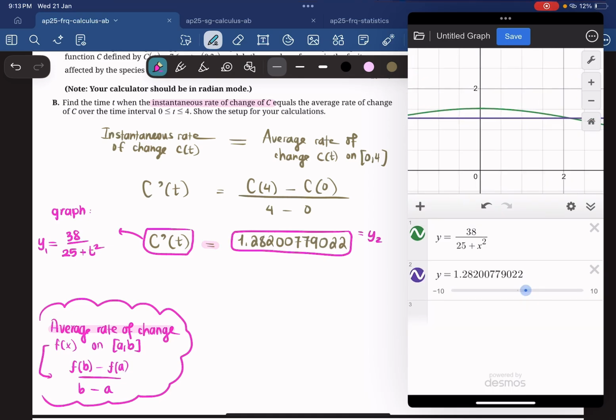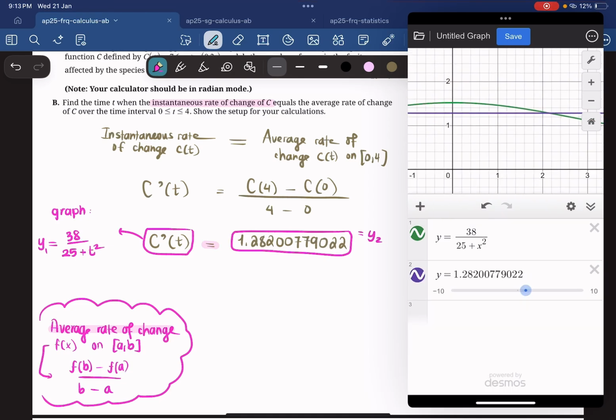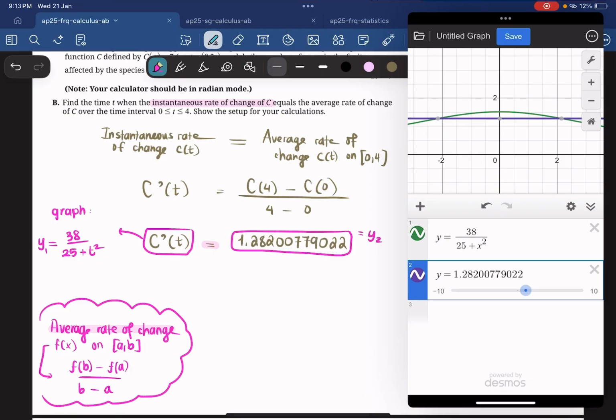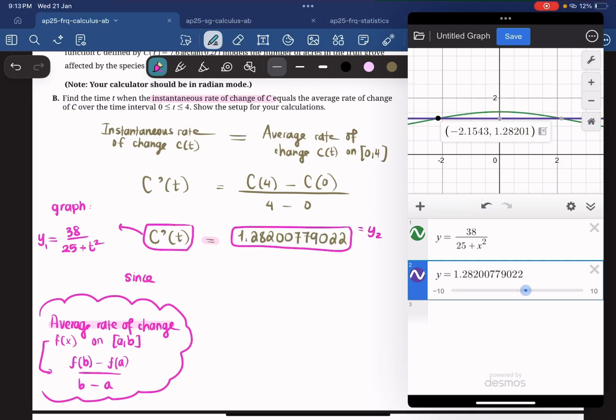And so they drew the graph for me over here, and we can see, of course, we don't want the negative point of intersection, because it gives me t equals negative 2.153, and time can never be negative. Time is always positive. So since time is greater than 0, then the intersection, you get your answer.